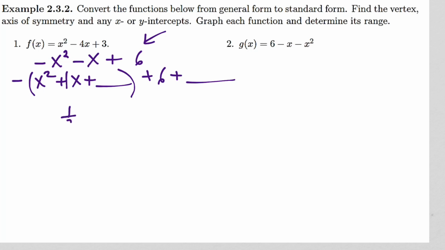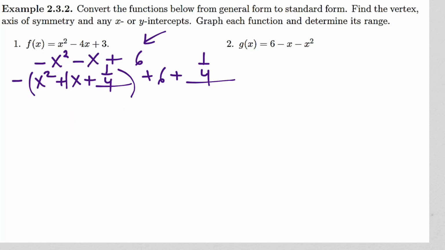I'm going to divide it in half and square it. And that's going to give me 1/4. Because 1/2 times 1/2 is 1/4. All right, so I've put in a minus 1/4, because if you think about this as distributing, this goes here, here, and here. So if I added in a negative 1/4, I need to get rid of that negative 1/4 by putting in a positive 1/4 over here.